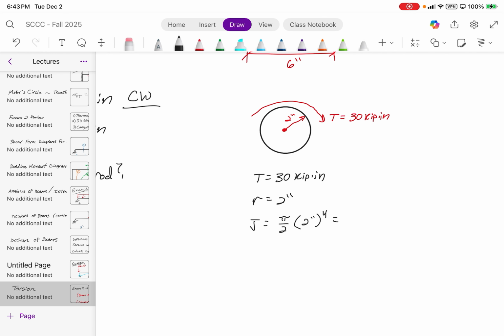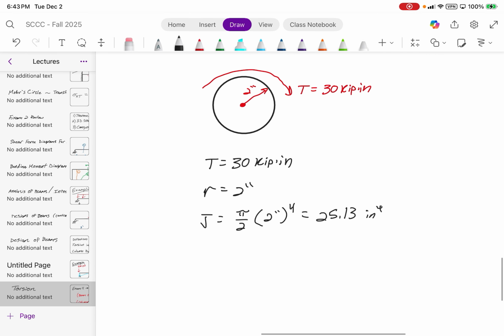And what are the units of this? Inches, just inches? Not inches squared. I heard somebody say it. I don't know who. Oh, you did? Thanks for being honest. Inches to the 4th. It's just like IX and IY.